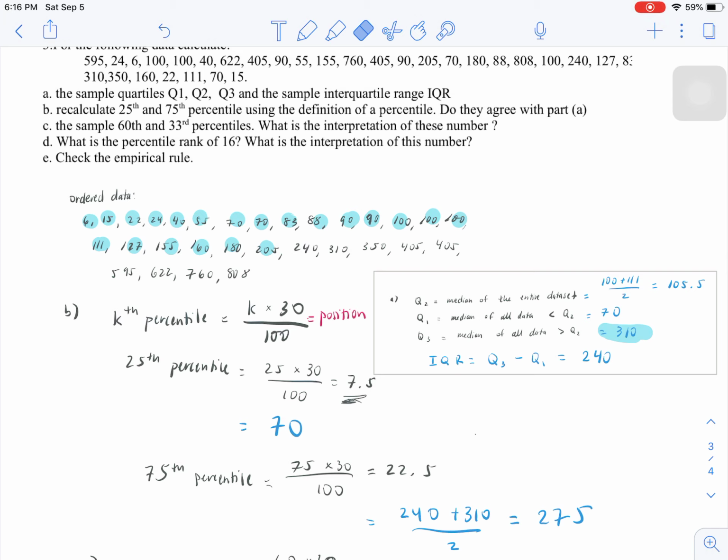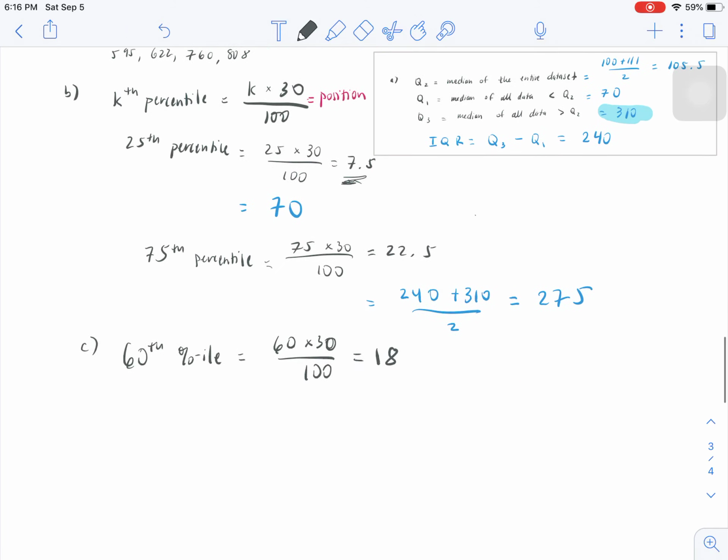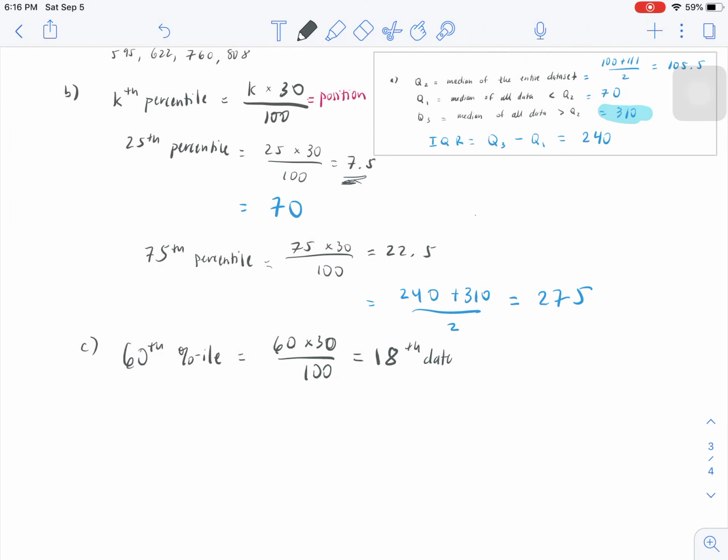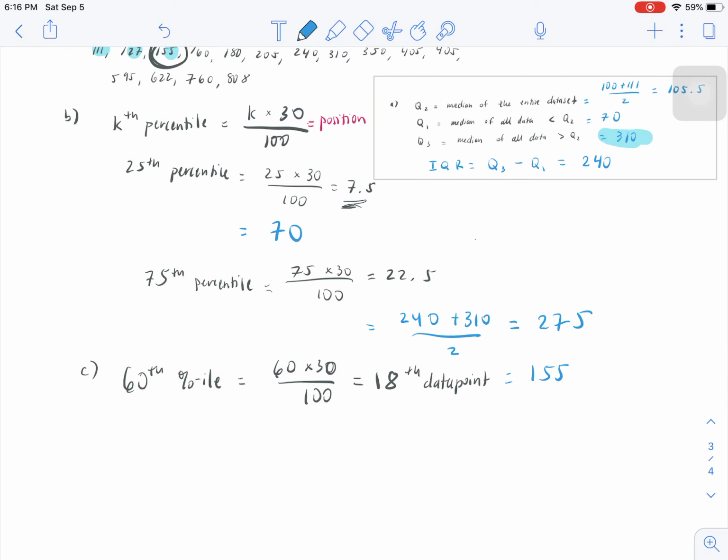And so if I count backwards, my 18th data point in my data set is 155. So my 60th percentile is 155, the 18th data point.